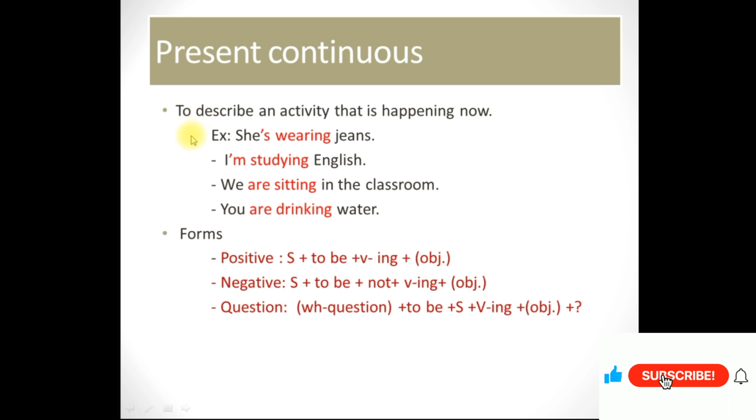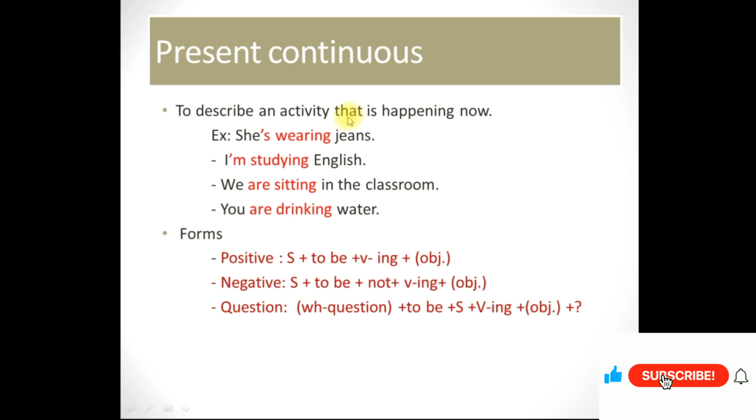Right? So first, look at it here. We use present continuous to describe an activity that is happening now. See, the keyword is activity that is happening now. Sometimes when we study or read, we have to find the keywords because the keywords can help you to understand or remember.